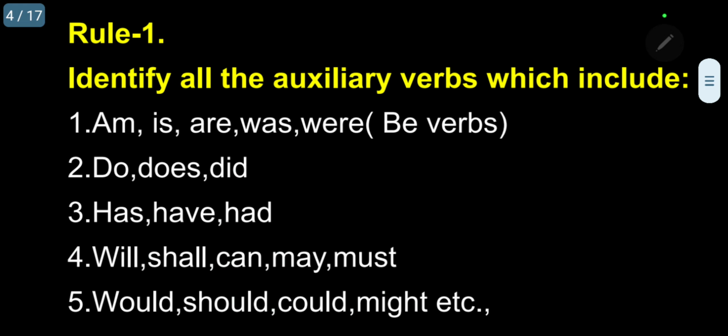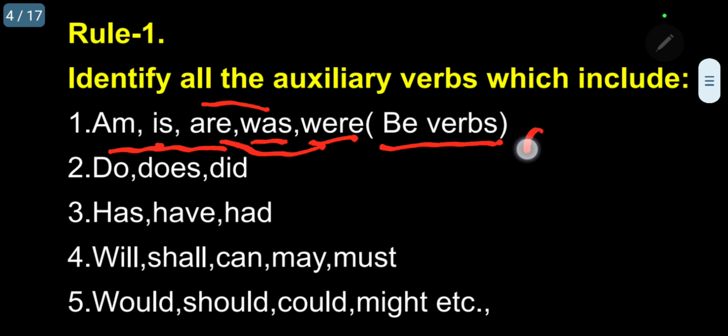Now the first type, we generally call B verbs: am, is, are, was, were. Am, is, are are present tense; was, were, past tense. Normally, am is used only for the singular personal pronoun I. Only with I we have to use am.